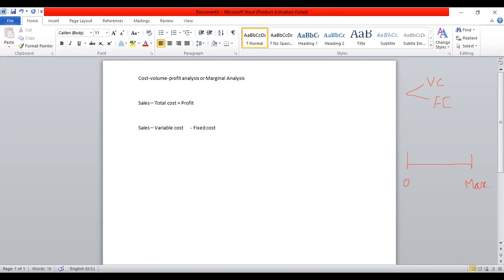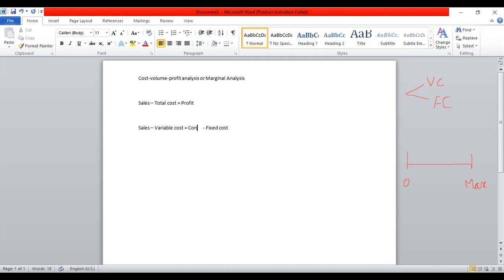Right immediately after the variable cost is deducted, whatever amount is available is called a controllable profit, because variable costs are controllable. So sales minus variable cost is controllable profit.